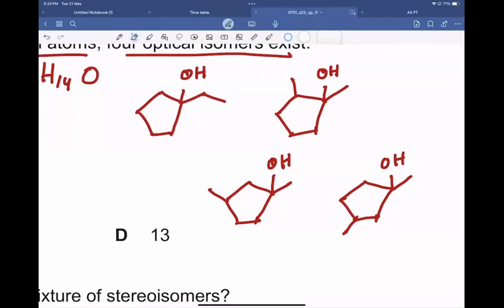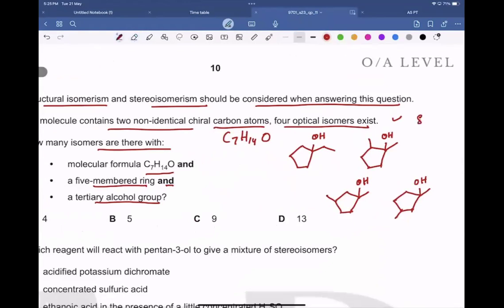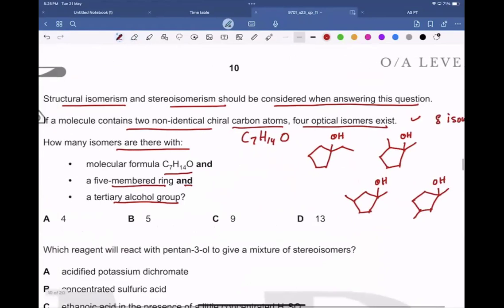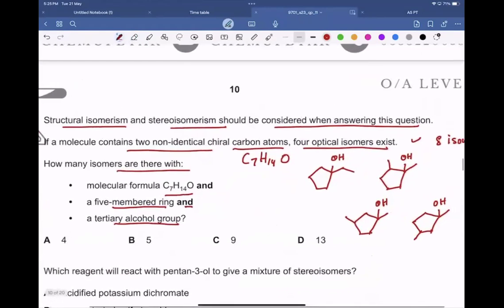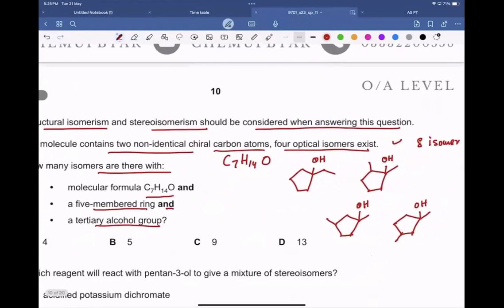So right now there are 8 isomers which exist, but there is no eighth structure over here. So I have to figure out one more which fulfills all these three conditions.